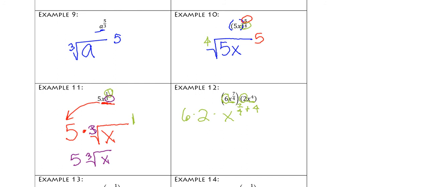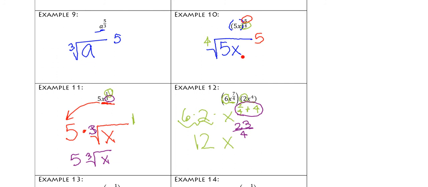So 6 times 2 is 12. x, and 7/4 plus 4 is 23/4. Okay, and we want to take this 23/4 as the exponent.